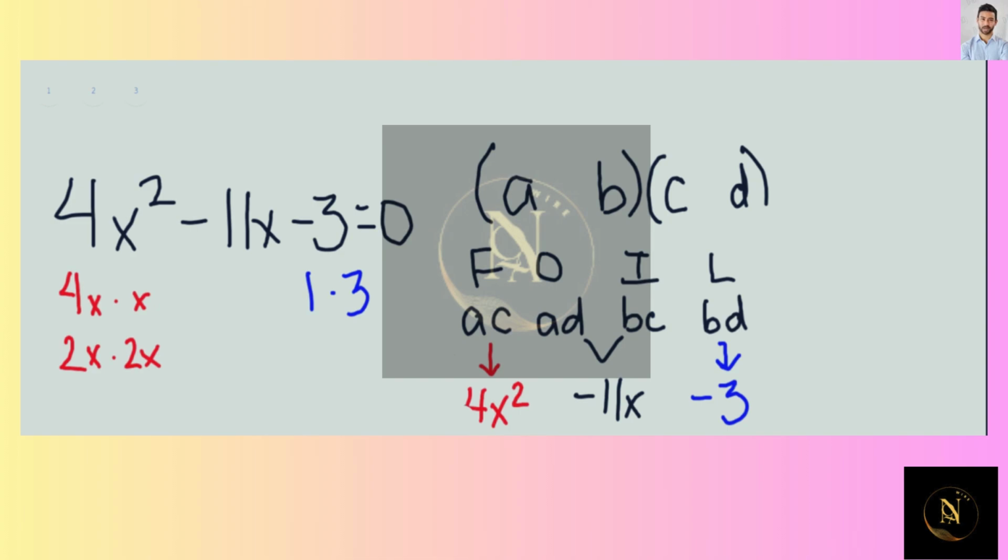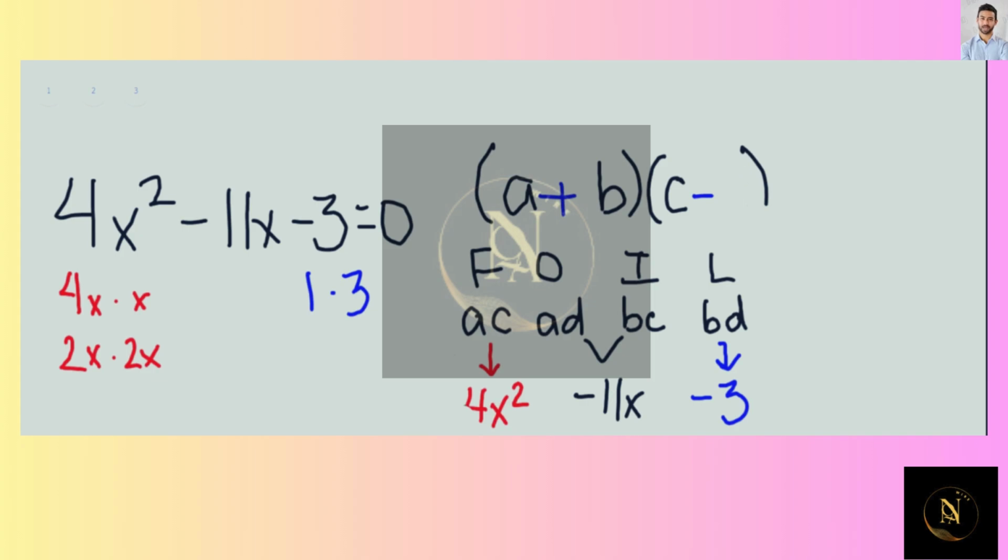And because my b term is negative, that means my larger factor number is going to be in the subtraction, or the negative factor. So I'm going to write that this is going to be a plus b times c minus d. Fortunately for us, there's only one factor pair for the c term. That means I know that my c term is going to come from a positive b and a negative d, and that negative d is going to have to be the larger of the two.